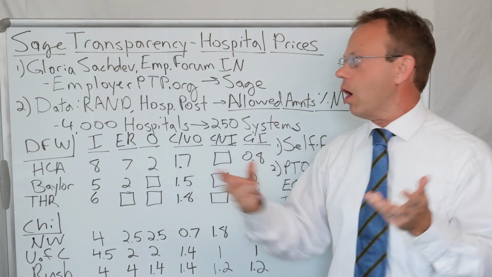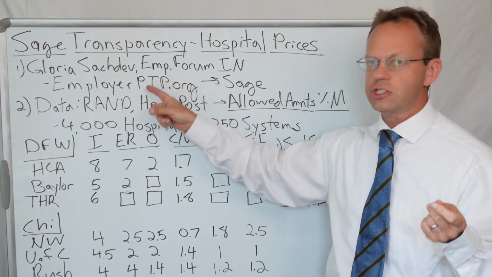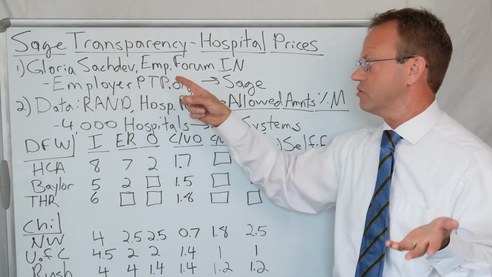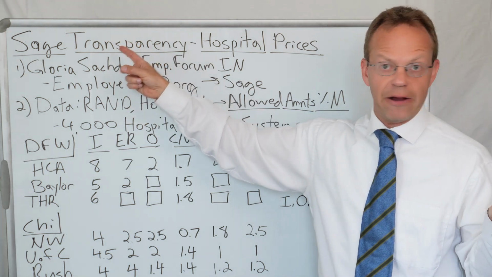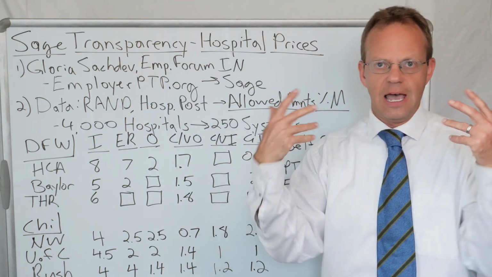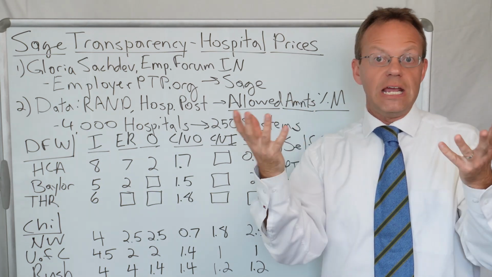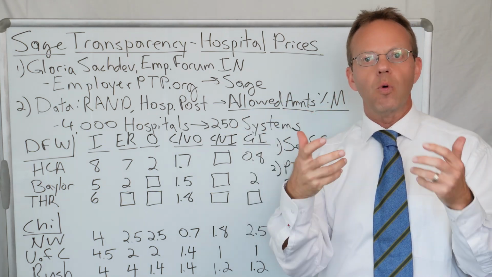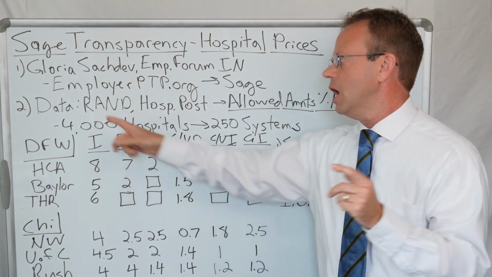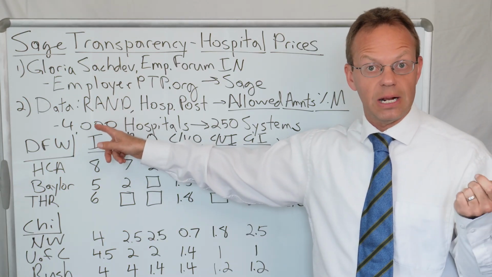Now, it's on the employerptp.org website. So that's Price Transparency Project. So the Employer Price Transparency Project.org, or you can just Google Sage Transparency Hospital Prices and it'll pop up as well. And then you go into this database. It has a very easy user interface, and the data for this hospital pricing information comes from RAND, the research and development think tank that's out in Santa Monica, California.